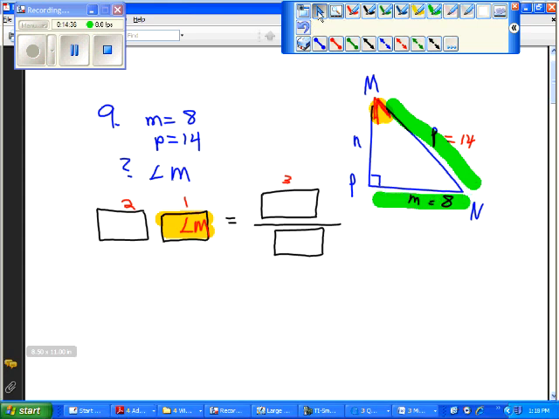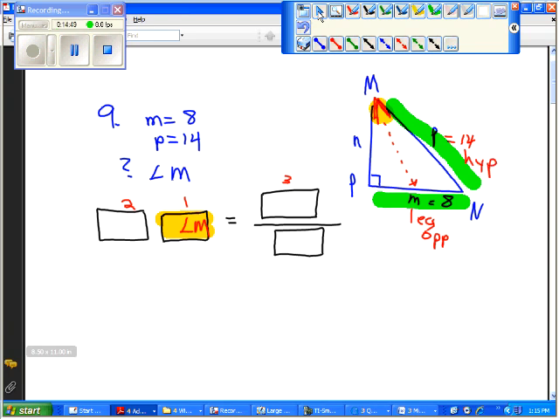The 8 is the leg opposite angle M, and the 14 is the hypotenuse, and leg opposite hypotenuse is sine, so that tells us the function we use is a sine function.